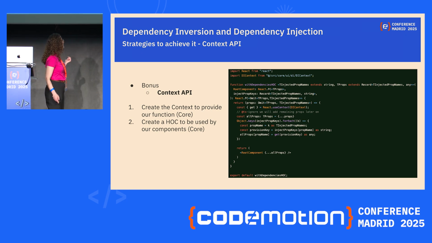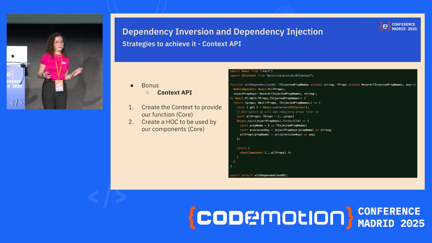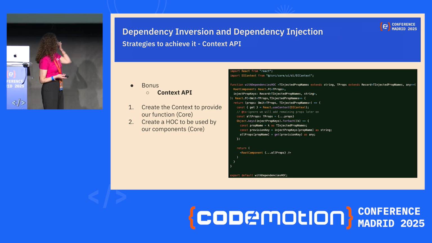So we're going to create one, but not for the very thing that they were used before. We're going to use them for a purpose, which is to make the dependencies available. There's also the option of the hook. If you take a look at the branch for the Context API, we also created a hook if you prefer this approach, and the components can use the hook instead. But this one kind of looks cleaner and also showcases that we, again, are not TypeScript experts. As you can see, we called ts-ignore.